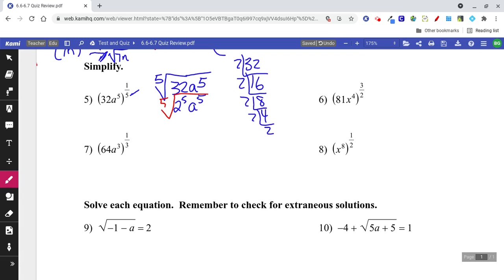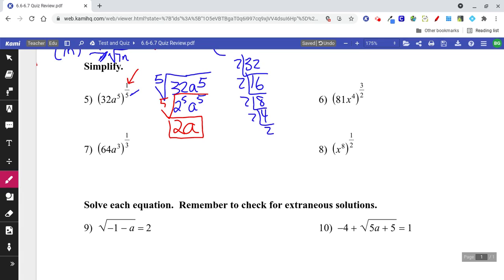With the 5th root of 2 to the 5th, 5 goes into 5 one time, comes out. 5 goes into 5 one time, comes out. That's your answer. 5th root of 32 is 2. 5th root of a to the 5th is a. If there was a numerator, then you'd have to square it or cube it or whatever.